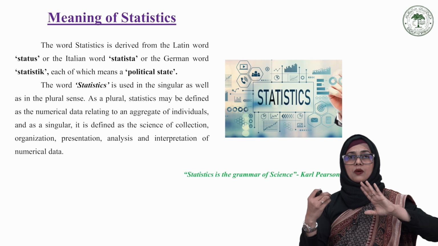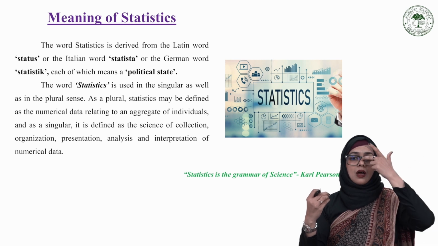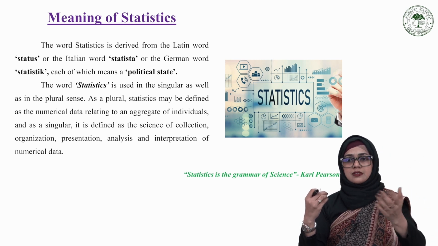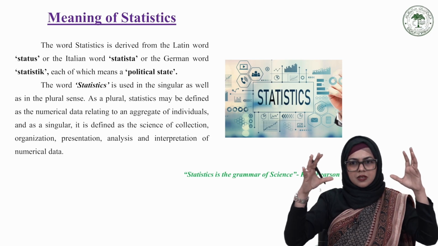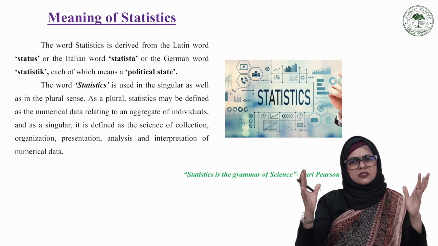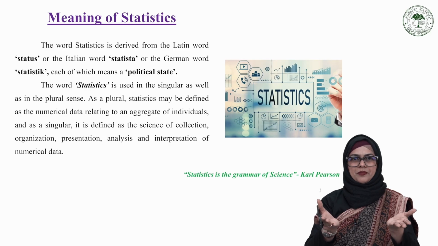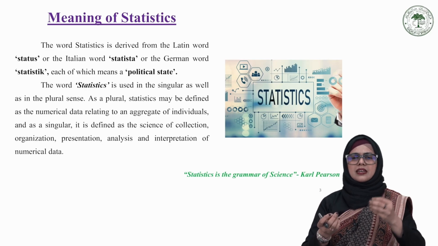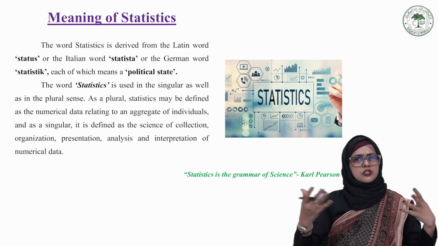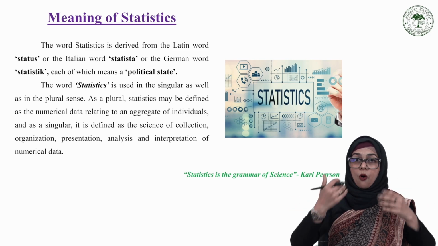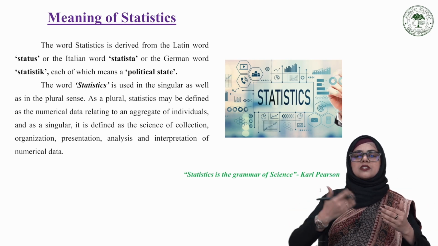Way back in the 18th century, the German scholar Achenwall described the whole systematic collection and analysis of data about the state, particularly concerning the population, economy, military strength and resources and so on. From there on we started using this word statistic.